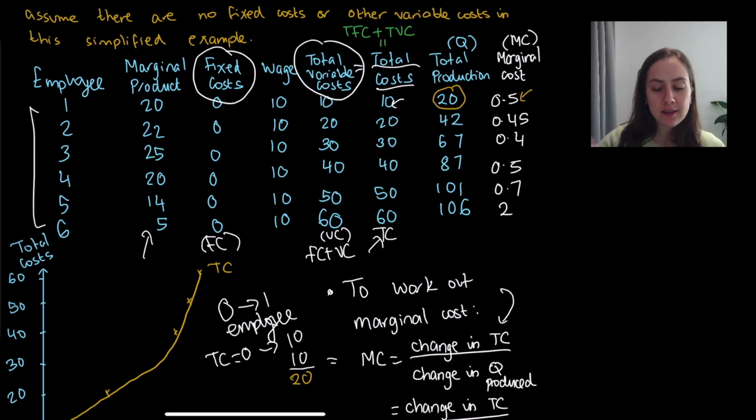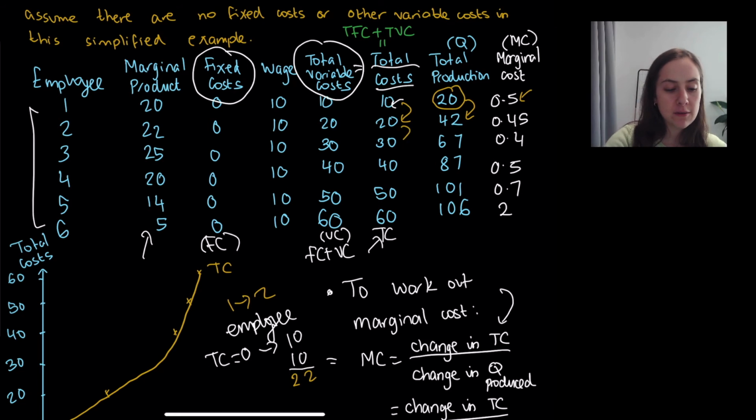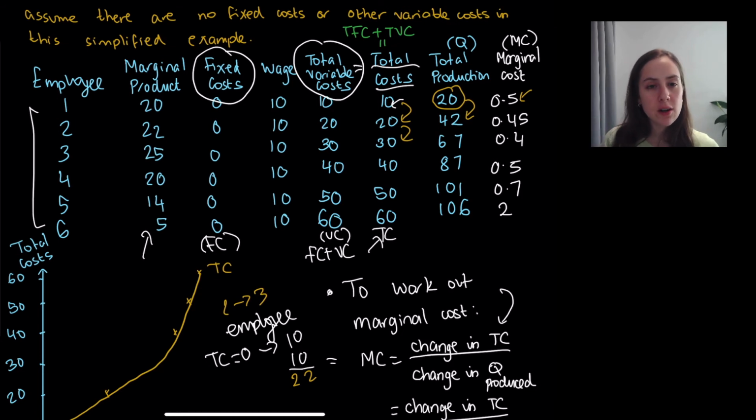For the next set of units, the cost changes by 10 again, and the quantity changes by 22. If you do 10 divided by 22, you get 0.45. And that's how that marginal cost happens. And again, one more time, next set of outputs, as you go from 2 to 3 employees, you're going from 20 costs to 30 costs.